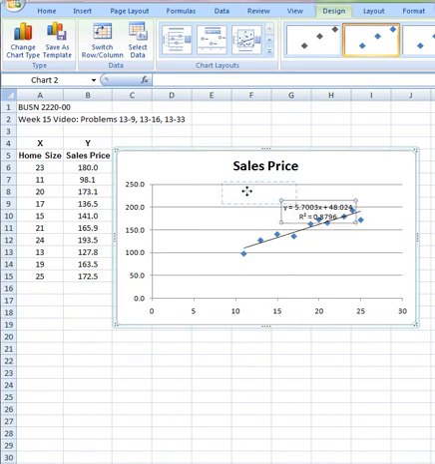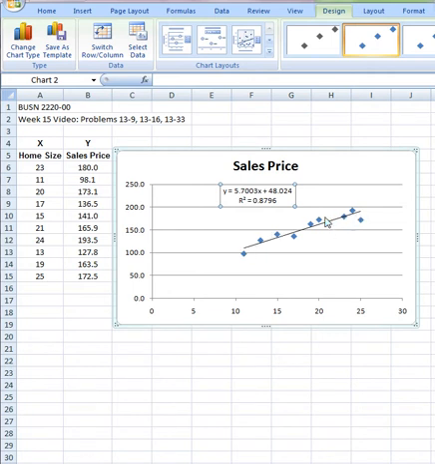And there, in fact, is our equation. Y equals 5.7x plus 48. Those are the beta 1 and the beta 0 values, as we know. And the R squared is a measure of the goodness of the fit. And you can see that the trend line here correlates quite well with the dots on the chart.